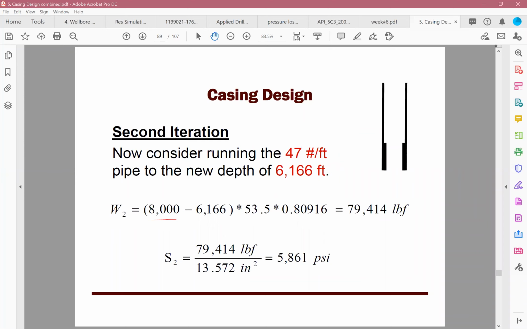This multiplied by buoyancy factor is equal to 79,000 pound force divided by cross-sectional area of 47 pound per feet casing. That is 5,861 PSI actual stress being applied to 47.